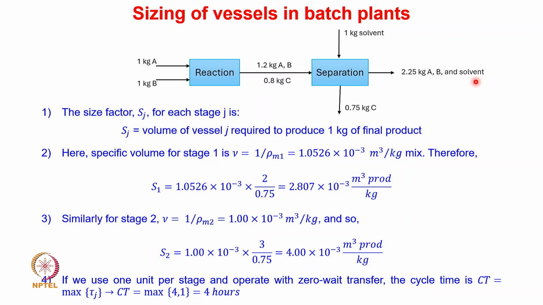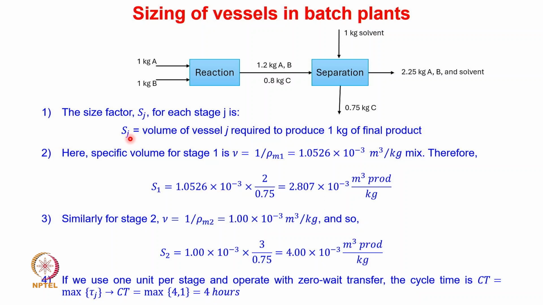Now in this case we want to find the size of stage 1 as well as the size of stage 2. The size factor Sj for each stage j is the volume of vessel j required to produce 1 kg of the final product.